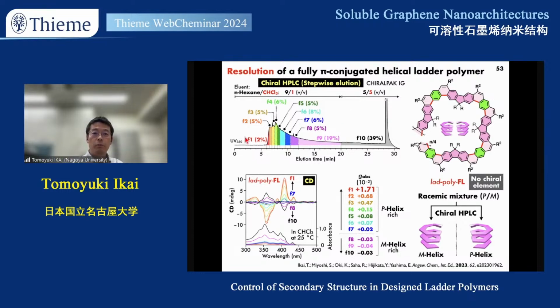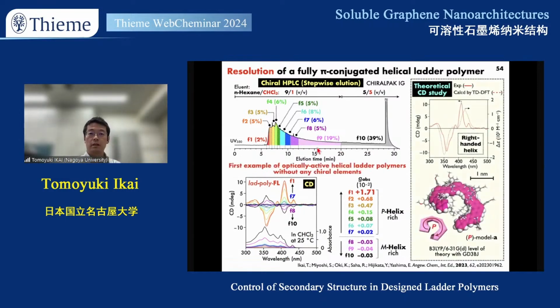The eluted components were then fractionated into 10 fractions, as shown here, and we measured the CD spectrum. To our delight, the former 7 and later 3 fractions showed this kind of mirror image CD signal in the pi-conjugated polymer backbone region.